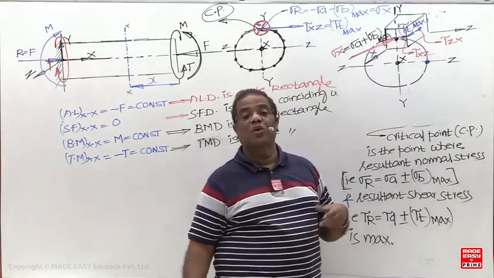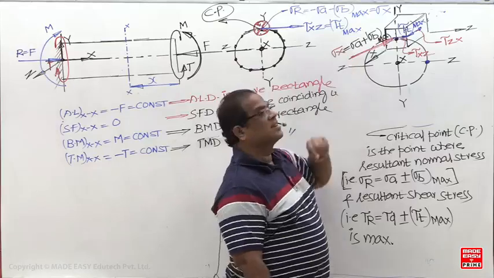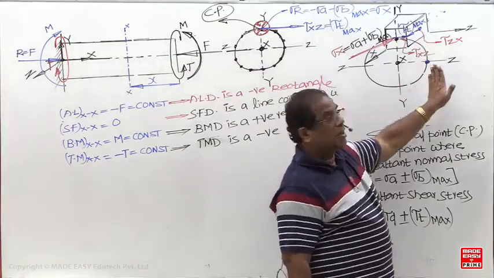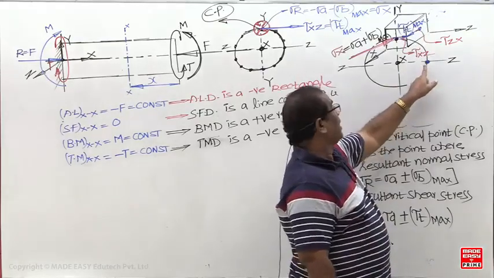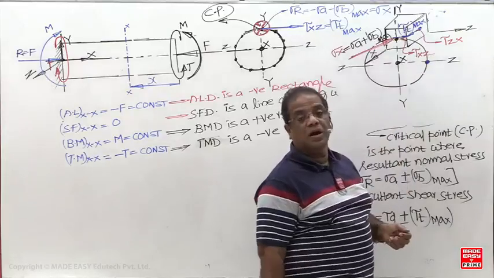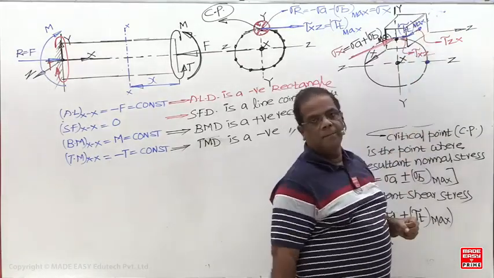When bending is acting alone, this is the neutral axis. Only axial stress is there. And the torsional shear stress will become tau xy.